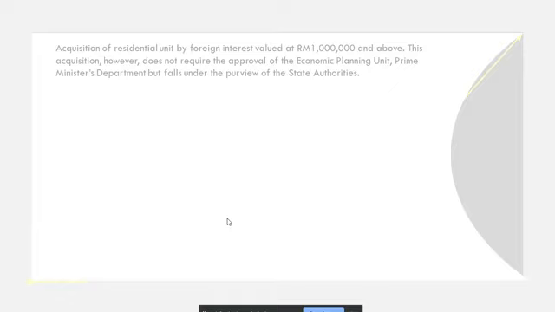Bagi residential unit of property does not require the approval of EPU juga, Prime Minister Department, but fall under purview of state authority. So senang cerita, tak payah ambil approval daripada EPU, tapi untuk residential unit jatuh di bawah kuasa kerajaan negeri, state authority.